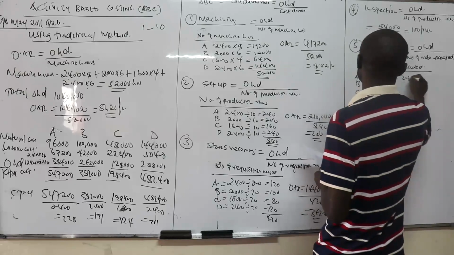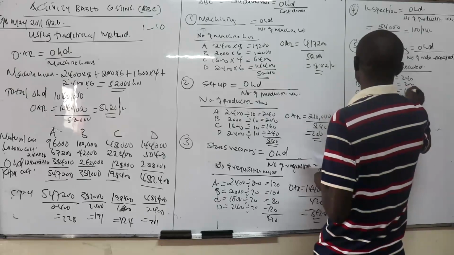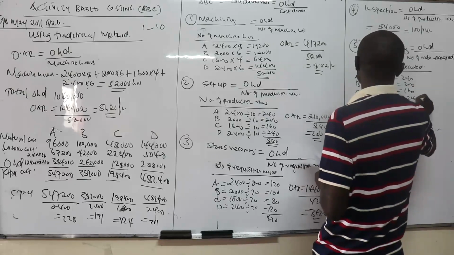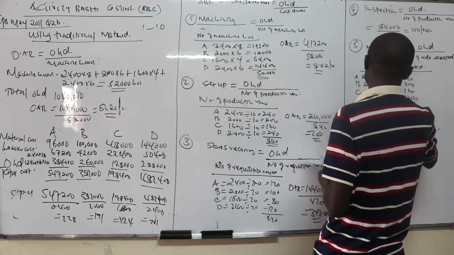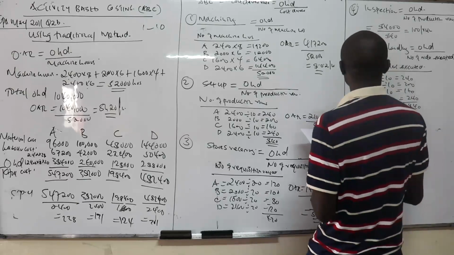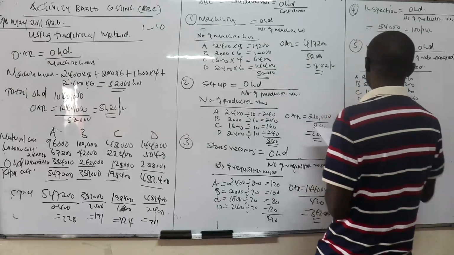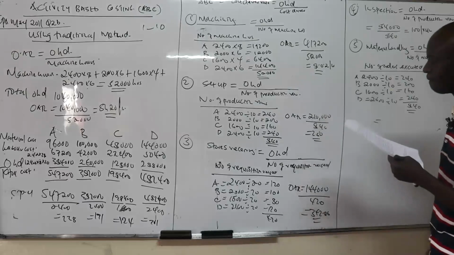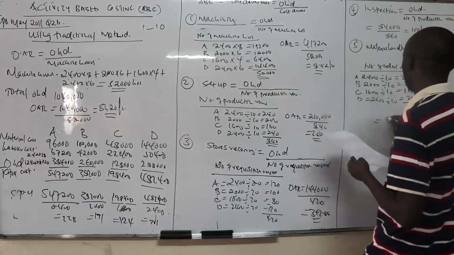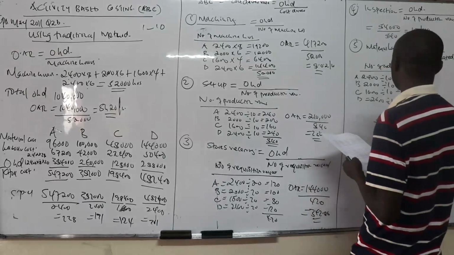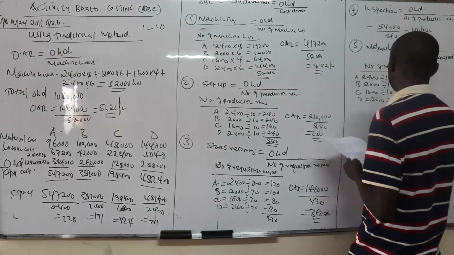This is 240, 200, 160, 240, total 840. The overheads allocated to material handling, 184,800. You divide by 840. What do you get?